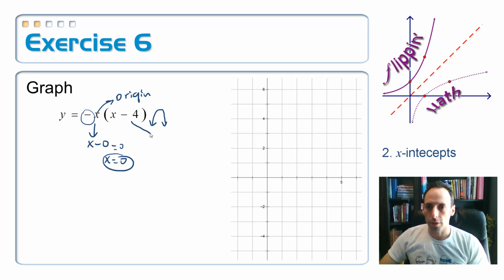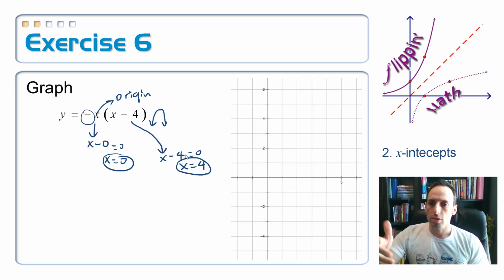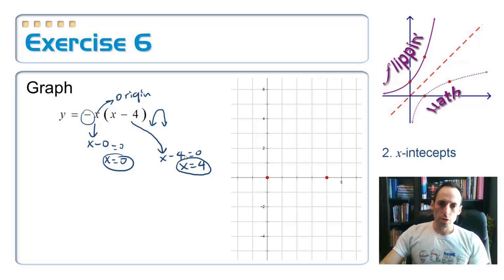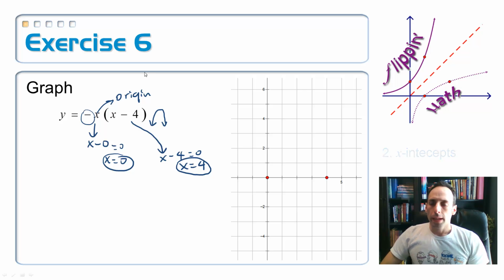Now for the second one, x minus 4 equals 0, so x is 4. Of course, I don't have to do all this little math for it. I can just look at it and just change the sign. So I'm going to plot those two points at the origin, at 4.